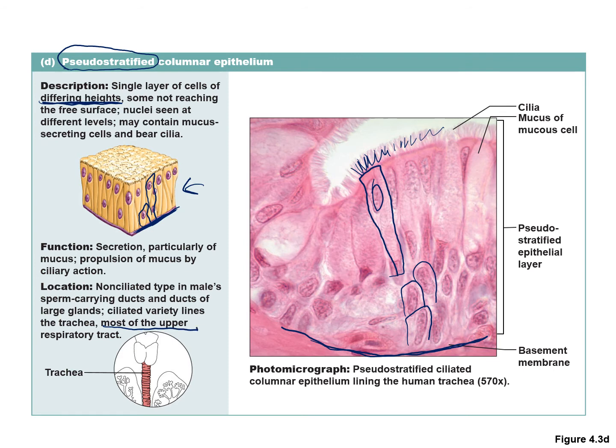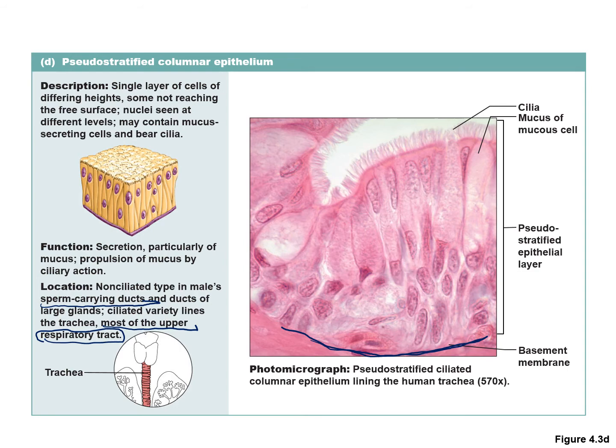Most of the upper respiratory tract is lined by this pseudostratified columnar ciliated epithelium. You also will find it in some sperm-carrying ducts, but this will be non-ciliated, right? But the ciliated one, we even call respiratory epithelium because it covers most of the upper respiratory tract. Right? Okay.